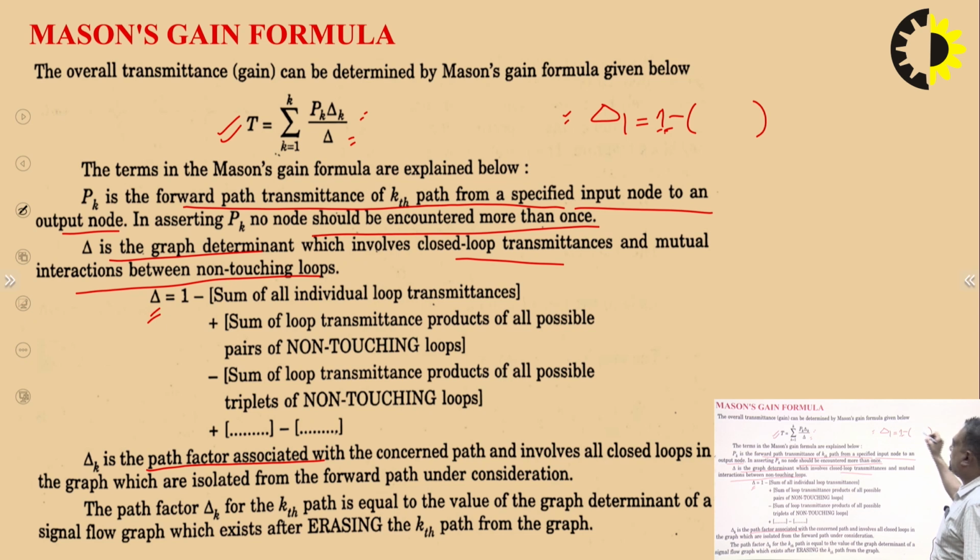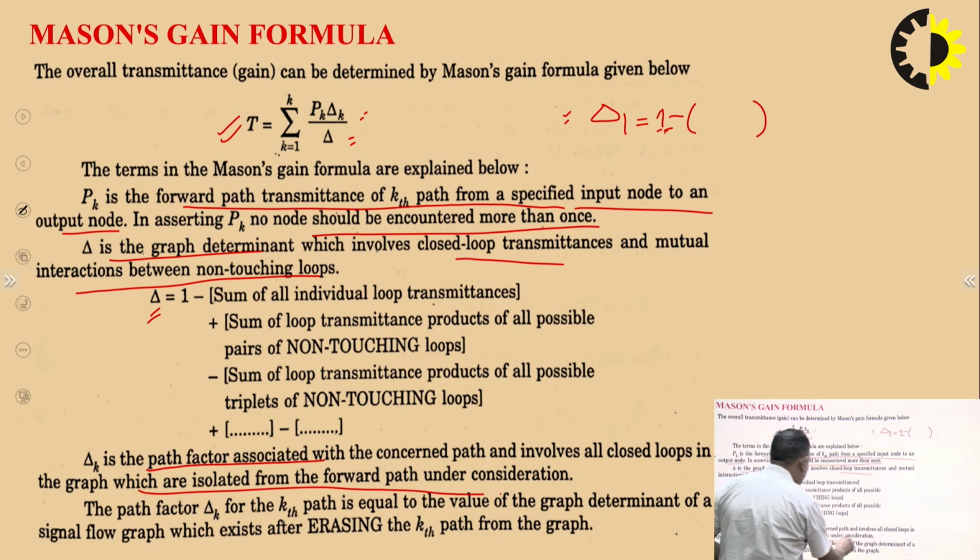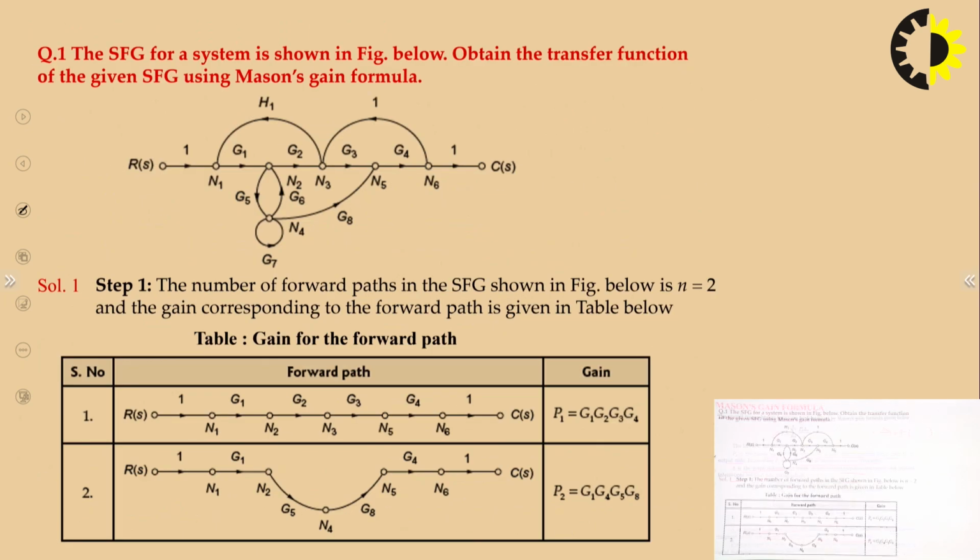We subtract the transmittance of those particular loops. The path factor delta k involves all closed loops in the graph which are isolated from the forward path under consideration. The path factor delta k for the kth path is equal to the value of the graph determinant of the signal flow graph which exists after erasing the kth path from the graph.